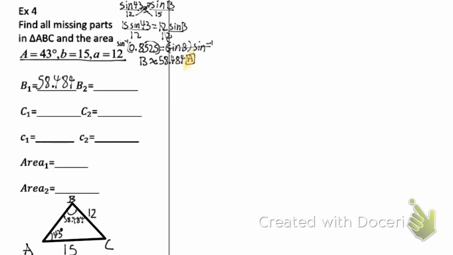So we can do 180 minus 43 minus A. And angle C approximately equals 78.516. C1 equals 78.516.